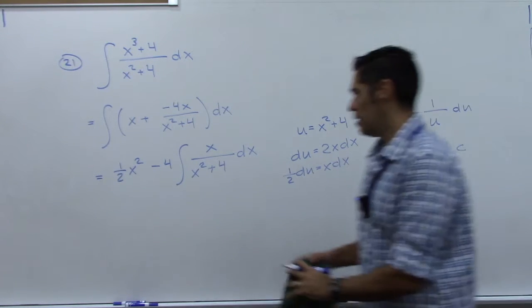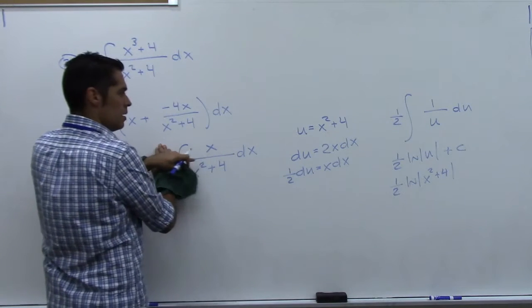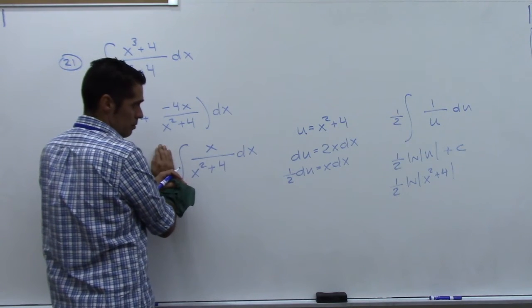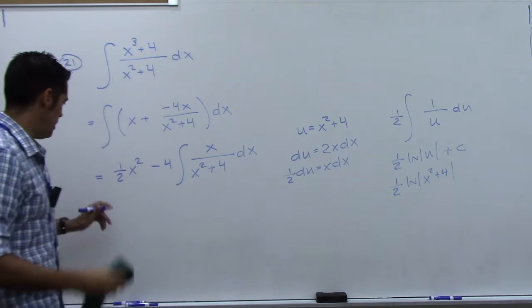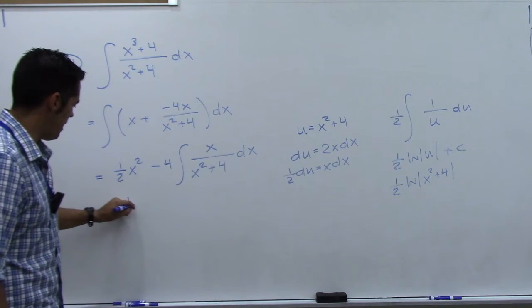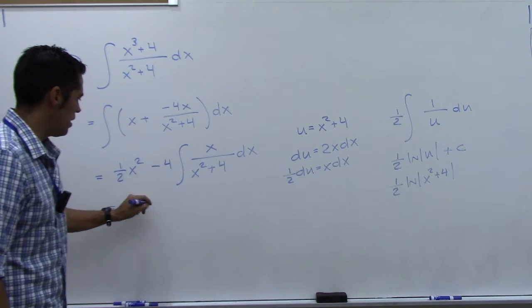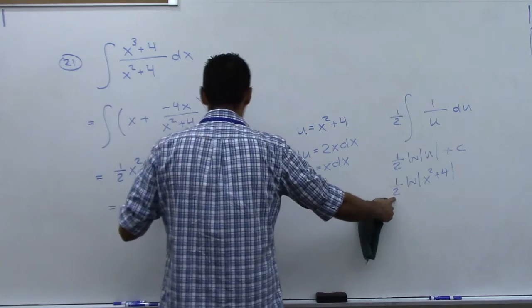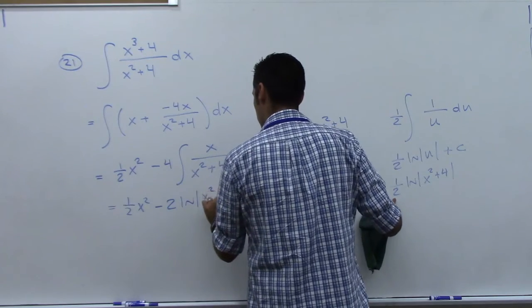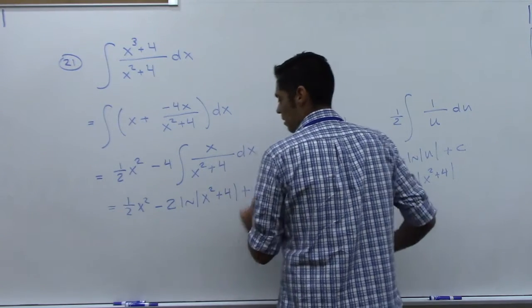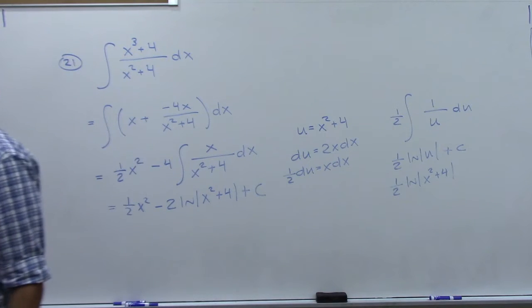So I know that everything over here turns into 1/2 natural log of x squared plus 4 plus a constant. And then I had a negative 4 in front. So I have 1/2 x squared, the negative 4 times the 1/2 becomes a negative 2 natural log of x squared plus 4 plus a constant. That's it. That one's pretty straightforward.